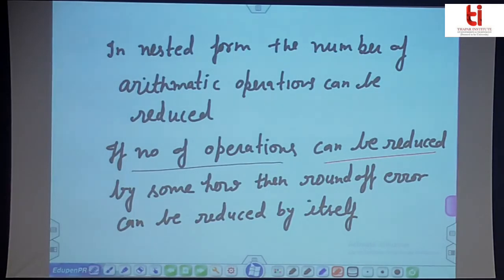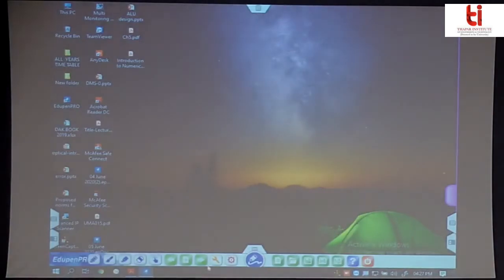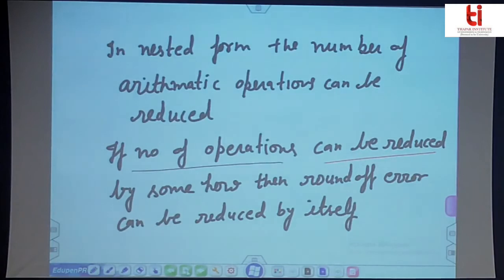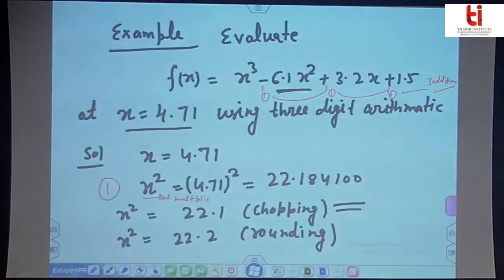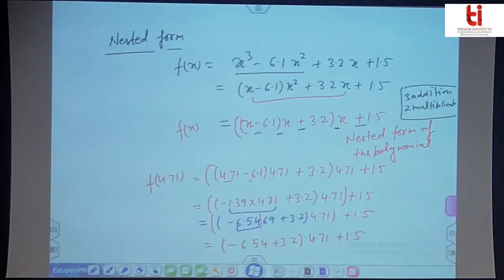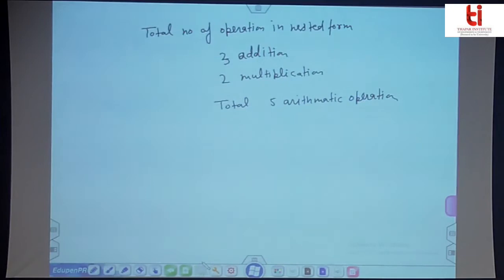Okay, next topic is, one more thing. Now we can note one point here.